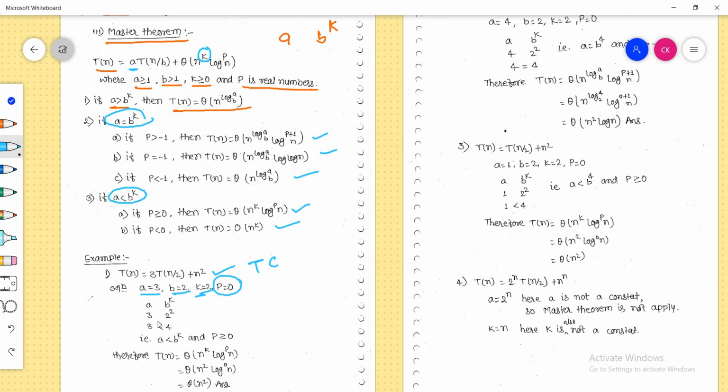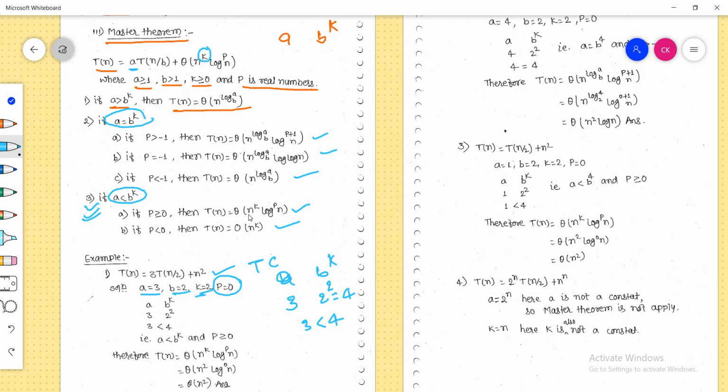Now you compare a and b to the power k. a is 3, and b to the power k is 2 to the power 2, which is 4. So 3 is less than 4, so condition number 3 is satisfied, and the value of p is 0.